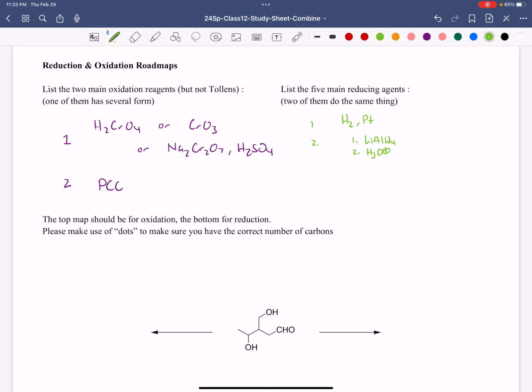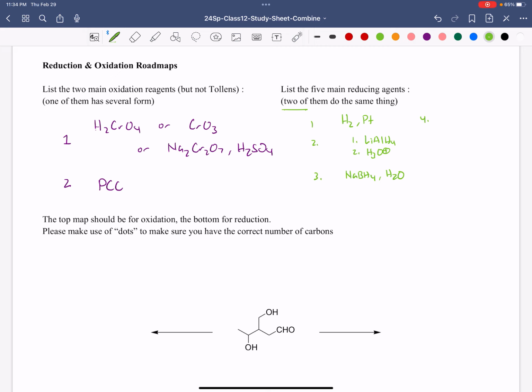Okay. Number three is the hydride reducing agent that's not as strong, and you could mix it with water or methanol. I'll use water in this case. Number four, two of them are the same, so it's going to be number four and number five.